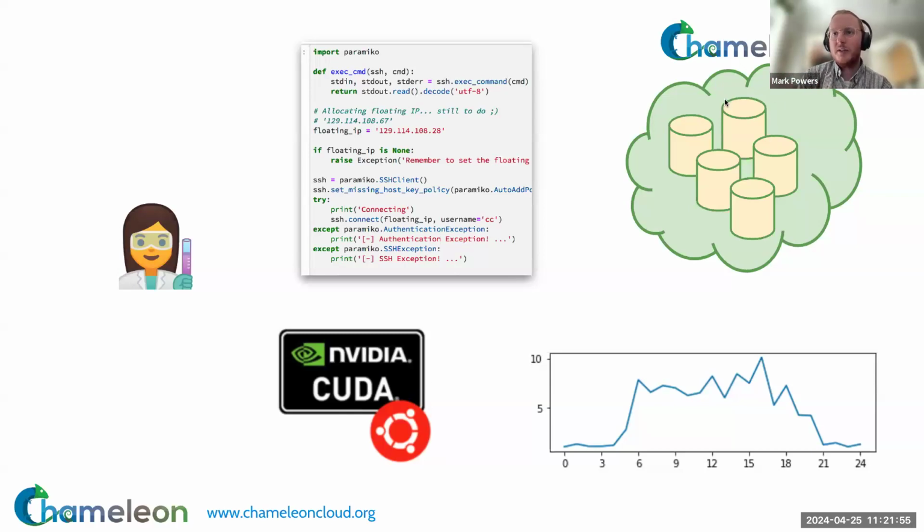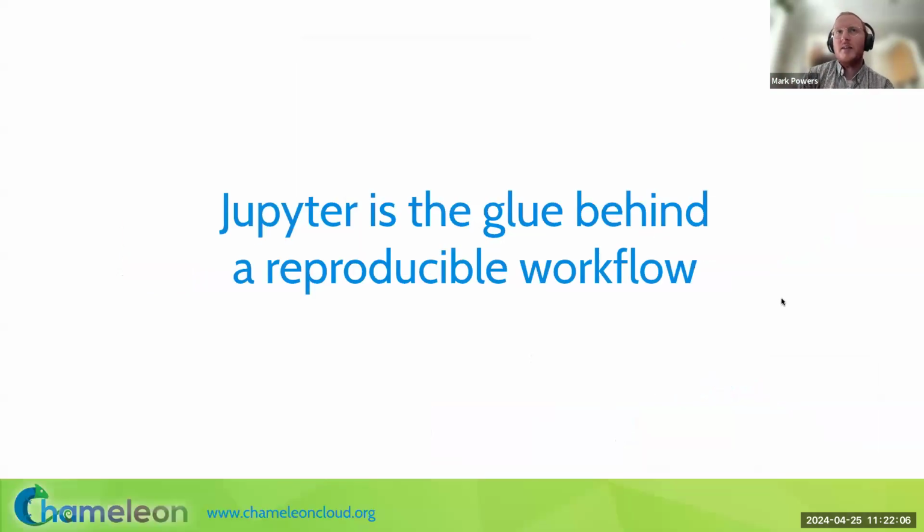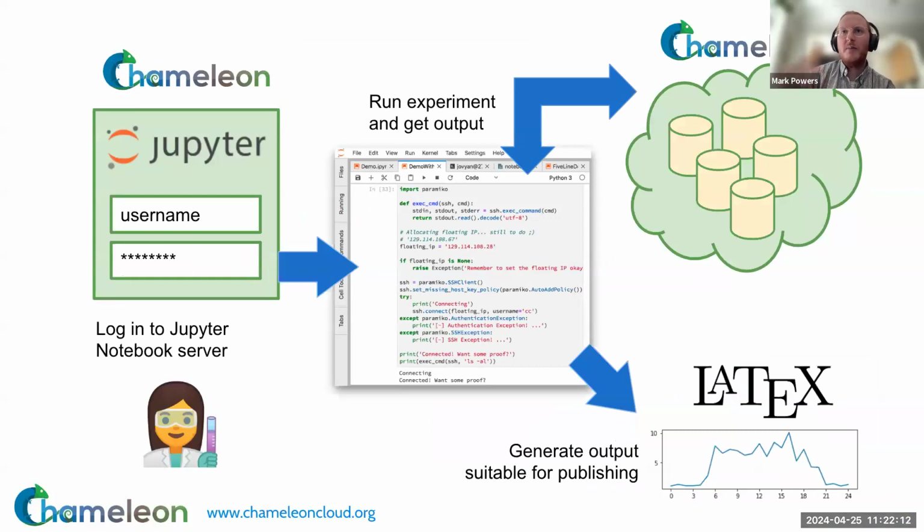There are all the resources in the cloud on Chameleon. And then you also have some analysis of your data that you want to do as well. And this is why we offered Jupyter as this glue to combine all of these different parts together.